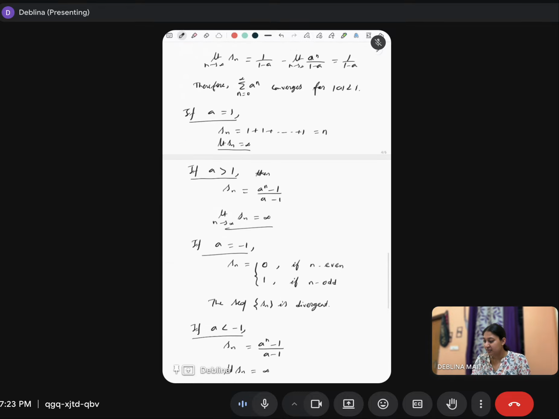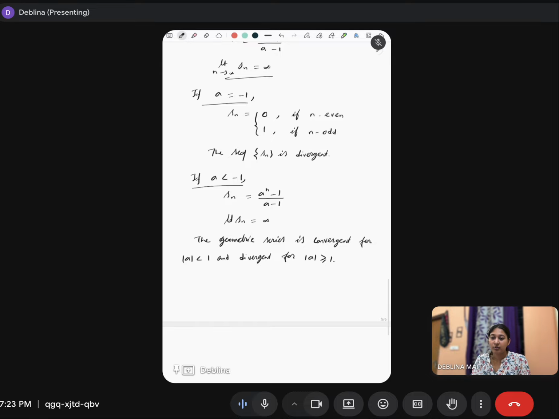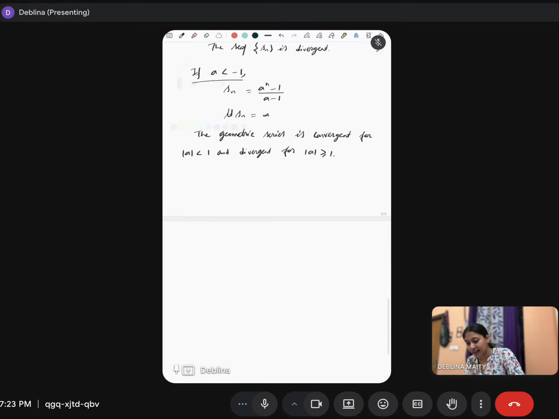Okay. Now there are some criteria to check if a sequence is convergent or if a series is convergent or not. So the first criteria is the Cauchy criteria or the Cauchy principle of convergence. So what is this principle?